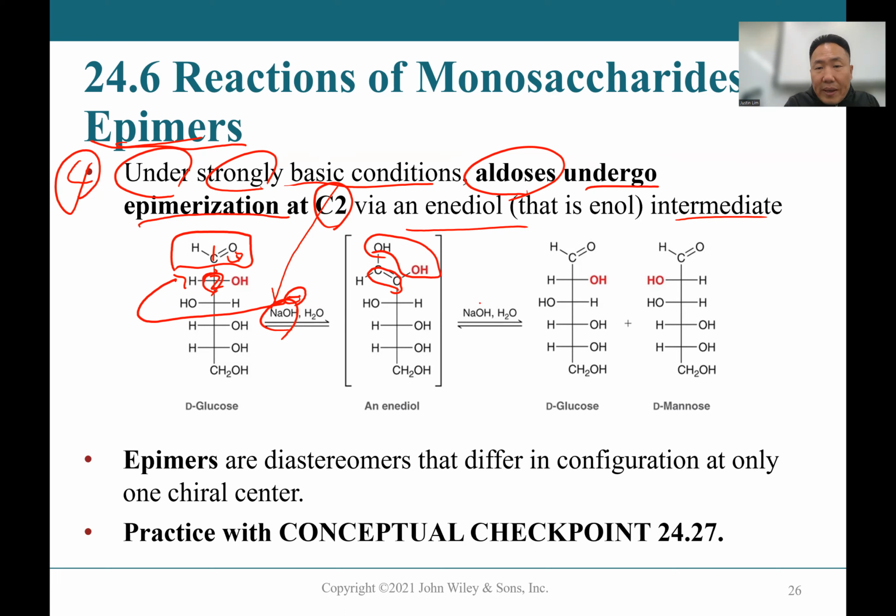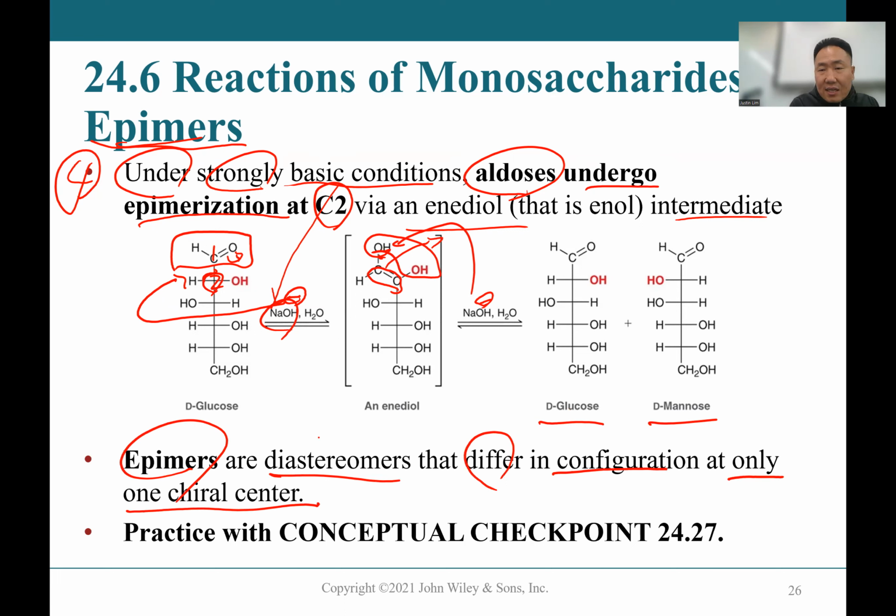And the base deprotonates and proton transfer, you can generate glucose and mannose. So epimers are diastereomers that differ in configuration at only one chiral center. So only you can see one different chiral center. You can call this one epimers.